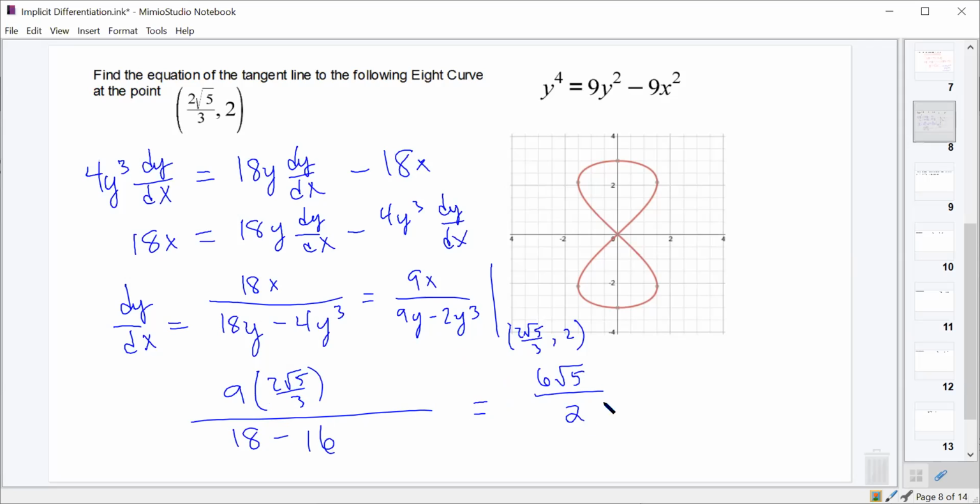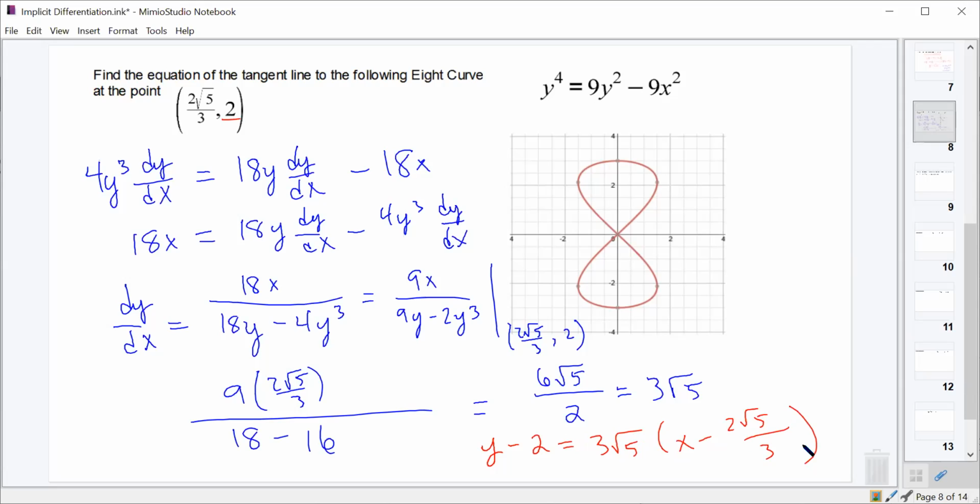And then in the denominator, we've got a 2, which gives us 3 root 5. Everybody good with that or no? Giving us y minus 2 equals 3 root 5 times x minus 2 root 5 over 3.